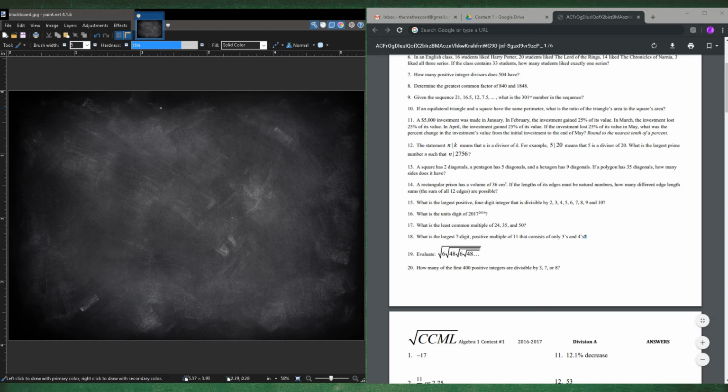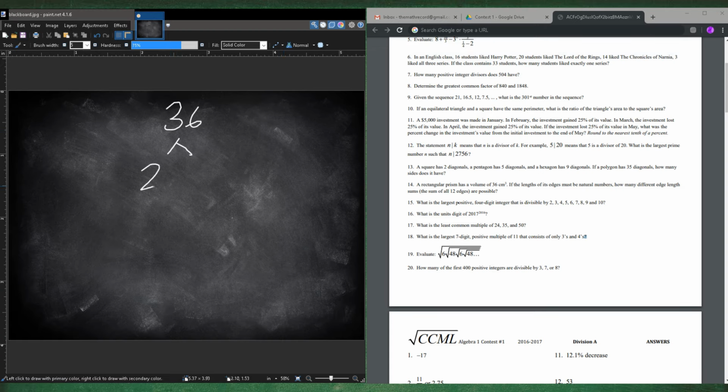So the only way you could get to 36 is 2 times 2 times 3 times 3, that's 4 times 9, which is 36. So what are the factors of this in pairs?